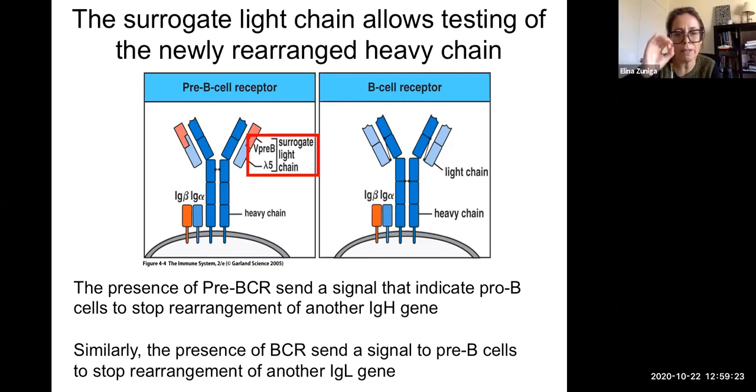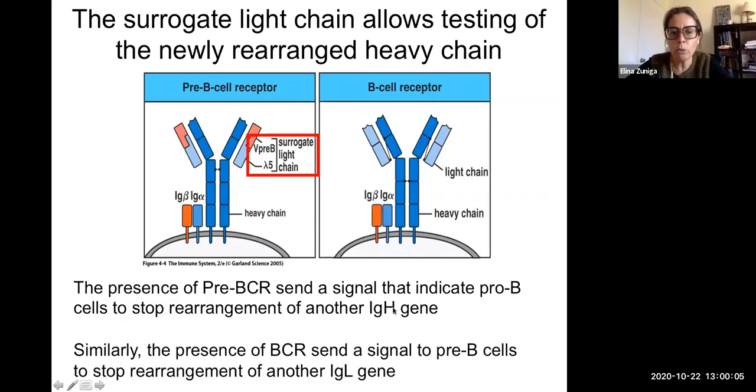And so to make sure there is only one specificity, so there will be only one gene that is rearranged and encodes the variable region of the heavy chain or the variable region of the light chain later, the presence of the pre-BCR, when one variable region has been rearranged, when the locus of the heavy chain in one chromosome has been successfully rearranged and expressed as a BCR, that sends a signal that indicates the pro-B cell to stop rearrangement of another immunoglobulin gene.